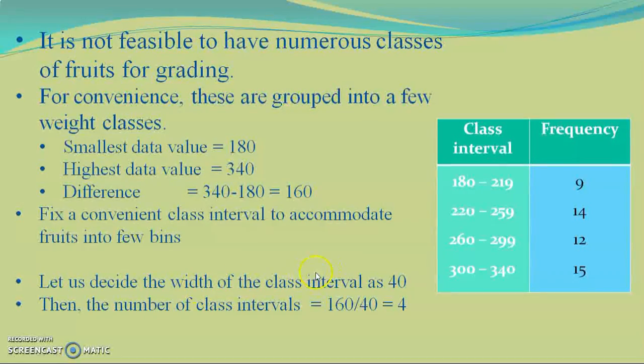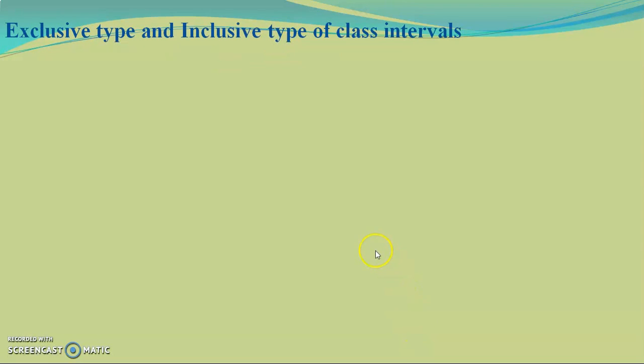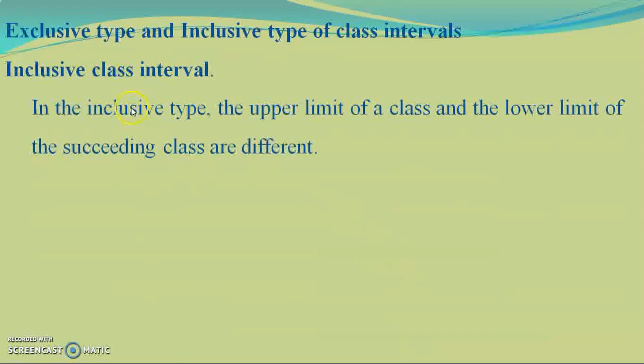So the width of the class interval is 40. Then there are 4 class intervals or 4 classes. Then 4 classes into 40, that is 160. So 160 divided by 40 is equal to 4, that is the total number of classes. And we can see the representation of the data.